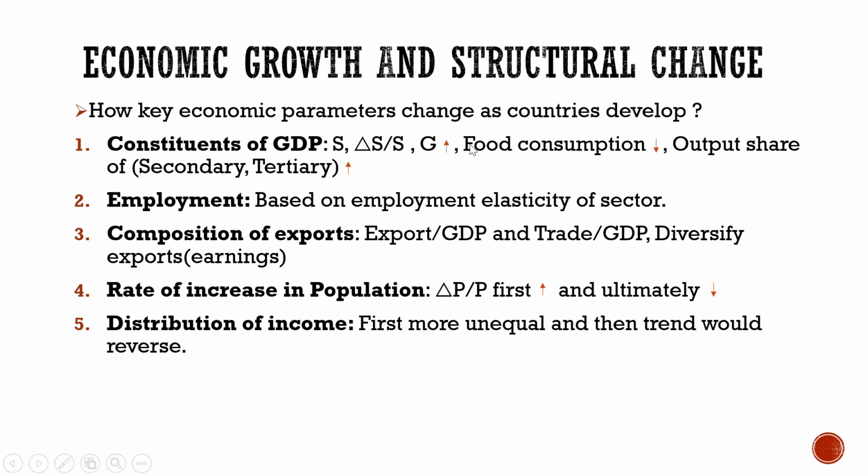The next thing is food consumption, or the proportion of food consumption will decrease with the increase in income or with economic growth. And the share of secondary and tertiary sector in total output will increase, while the share of primary sector will decrease with economic growth. So these structural changes would take place when we talk about the constituents of GDP.